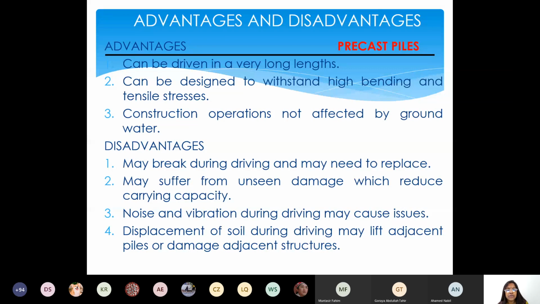Mainly he touched upon doing the construction overnight and keeping it free during daytime, and then using quick setting cement, something like that, to reduce the erosion while reaching the strength of soil and the grade and so on. There are different solutions he brought down. I don't remember everything, but to that extent it is important you give proper attention to noise pollution and its control. And displacement of soil during driving may lift adjacent piles or damage adjacent structures.